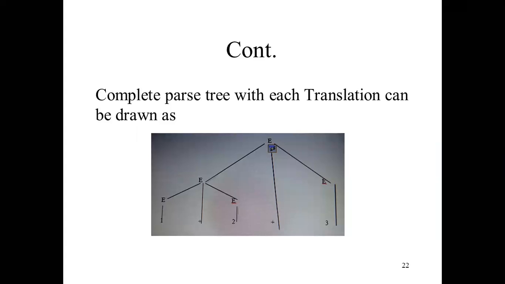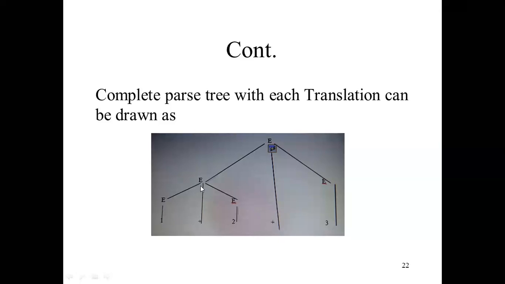How will we draw the syntax tree for 1 plus 2 plus 3? We have another option to draw the syntax tree for 1 plus 2 plus 3. We can do the same thing here also. We were dividing the left side, but we can also divide this side and keep E here.